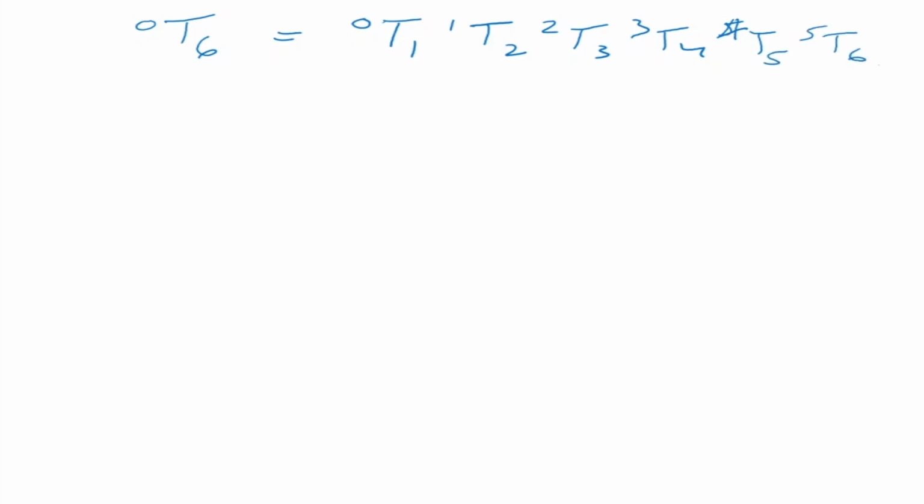Each of these matrices contains one variable: theta 1, theta 2, theta 3, theta 4, theta 5, and theta 6, right? Now, we observe that if you multiply in a particular way, then it is possible to solve. And that is the procedure that we are going to follow here.